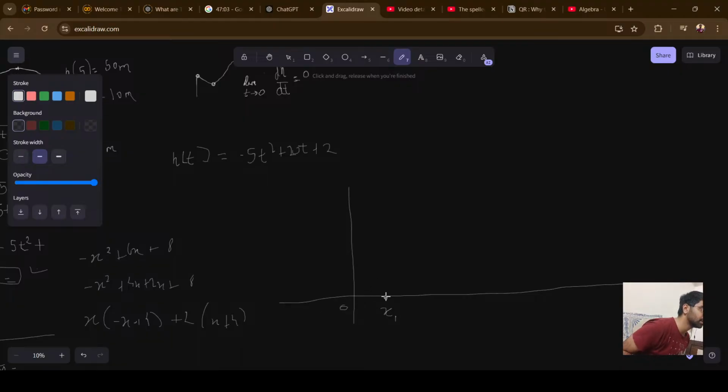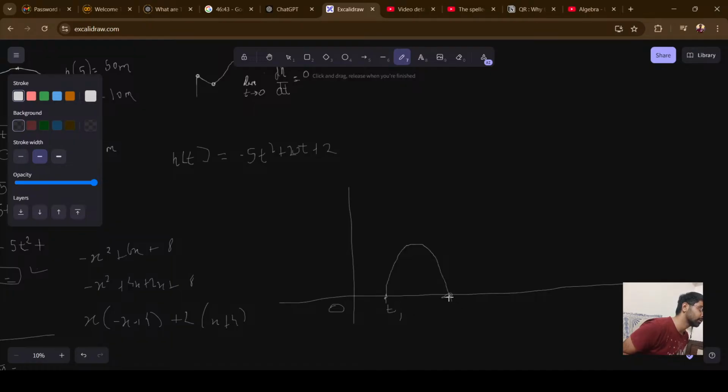It has traveled this much. At t1, the height is 0. So it has gone upside like this, and it has gone downside, just like this.